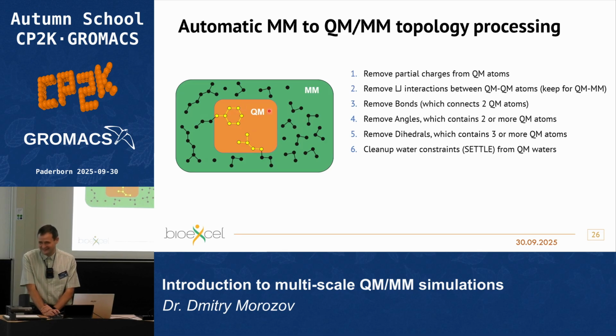And this is often seen, especially in enzymology simulations. I will show you one example where it could potentially happen. So you need to be sure that your QM water will not leave the QM box.